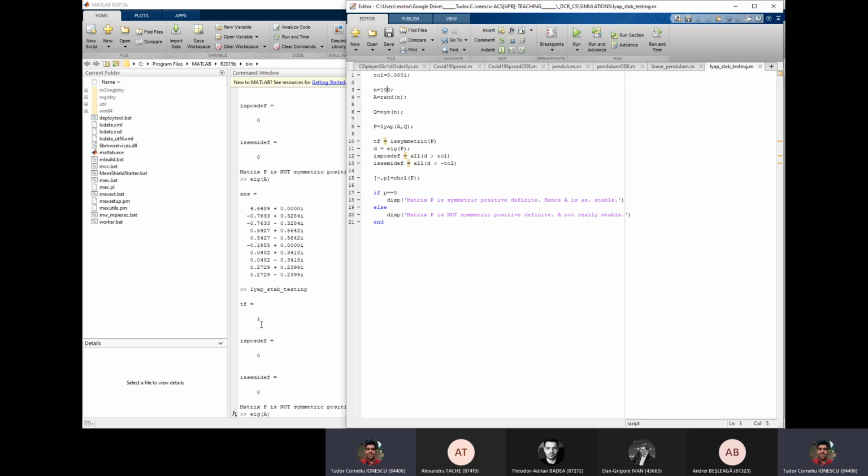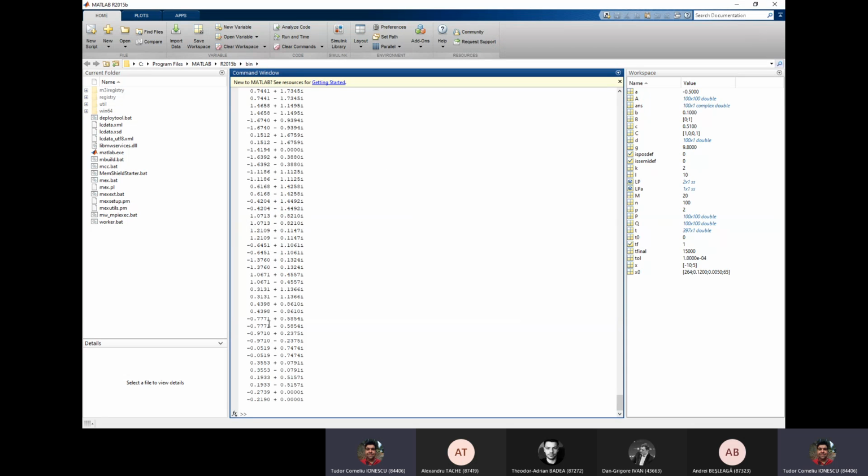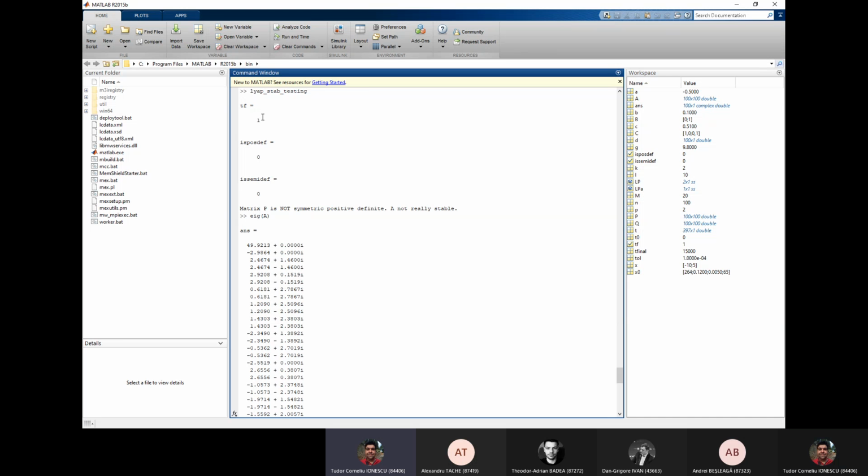It's symmetric somehow. How the hell is this symmetric? Because it's got also non-zero imaginary parts. So this symmetric check is not working properly, right? Do you agree?